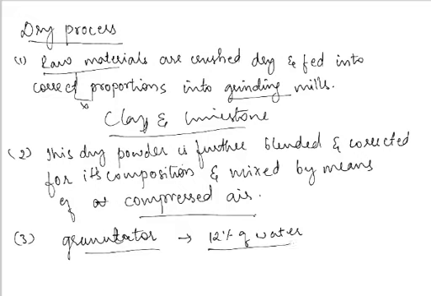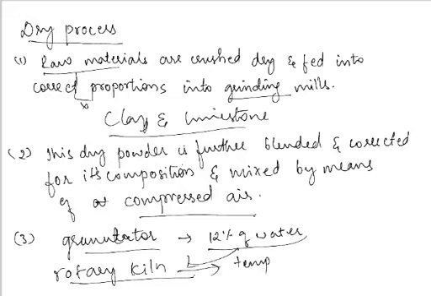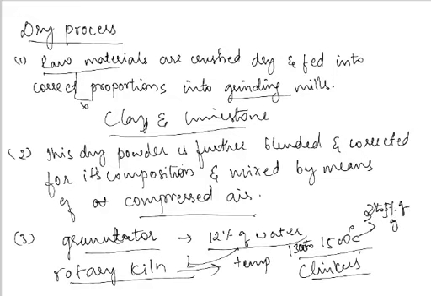Then this mixture is subjected to the rotary kiln, where we subject it to a higher temperature of 1300 to 1500 degrees centigrade. Then what we obtain is clinkers. Then these clinkers are powdered by addition of 3 to 5% of gypsum. So this is your dry process.